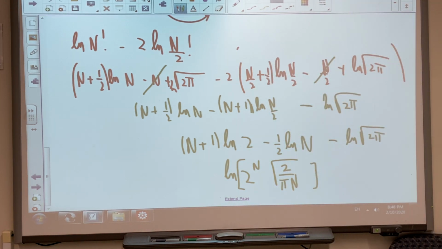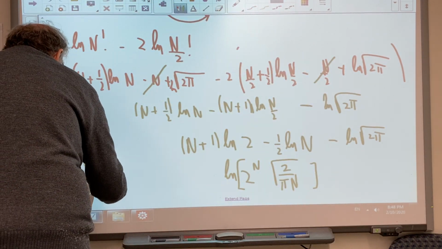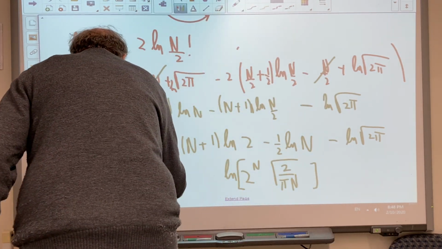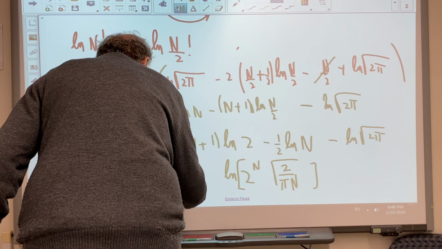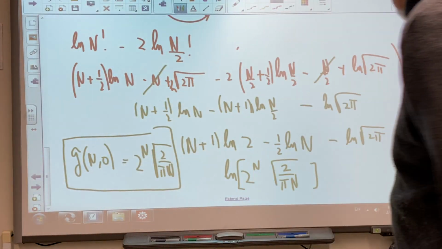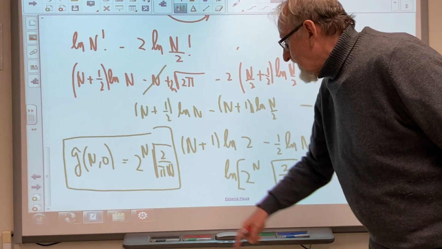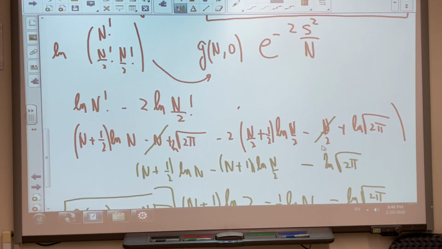So that means that my g of n0, which is, this was the logarithm, is 2 to the n square root of 2 over pi n. And you can go and check that that's what I got before. Move it a little bit up, so you will see that exactly that factor is what I had there left.